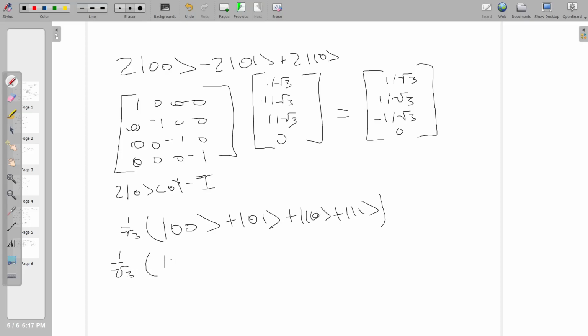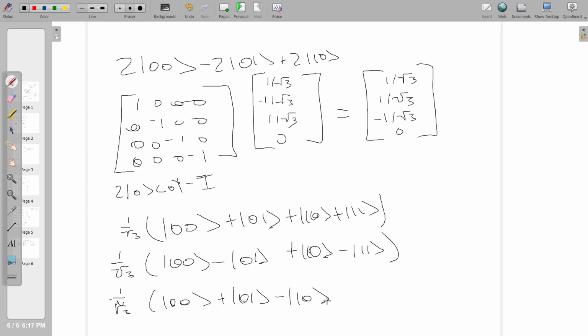And this is 0, 0, negative 0, 1, plus 1, 0, minus 1, 1. Because this is the state we're working with. So the second ones are negative. And this one is positive because it's a 1 in the first place. It's a negative 1 over square root of 3, 1, 0, 0, plus 0, 1, minus 1, 0, minus 1, 1. So let's add these up.